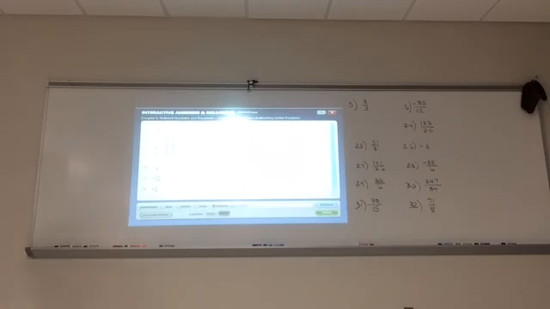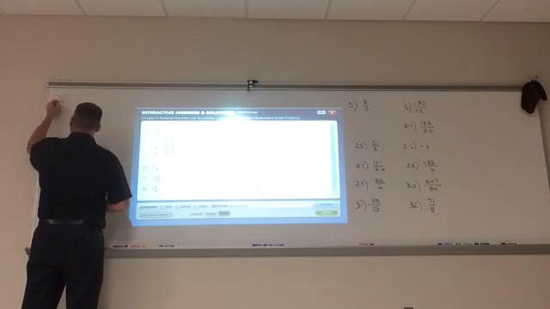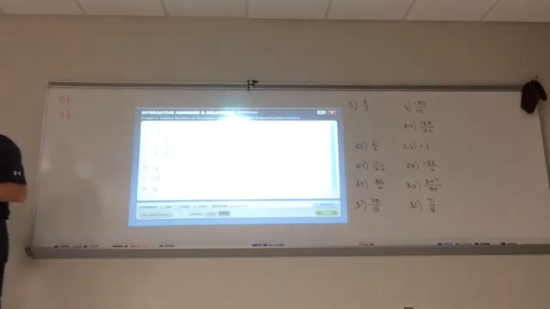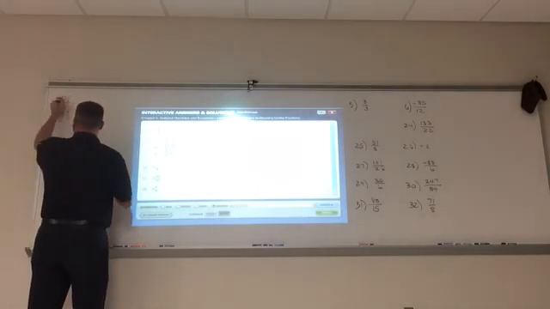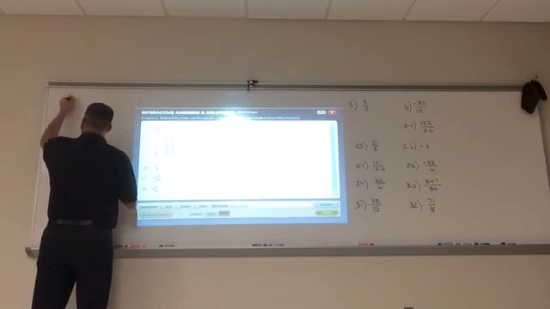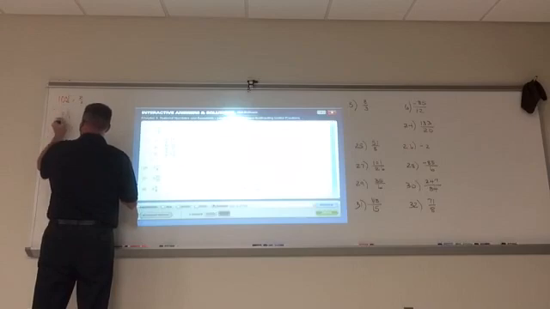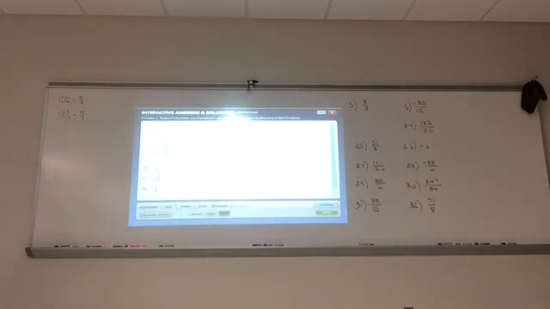The first thing it asks us to do is to take 10.5 and 4 2/3 and convert both of these into improper fractions. So this one is going to be 2 times 10 plus 1, which is 21 halves. 4 times 3 plus 2 is going to be 14 thirds. That's where we begin.